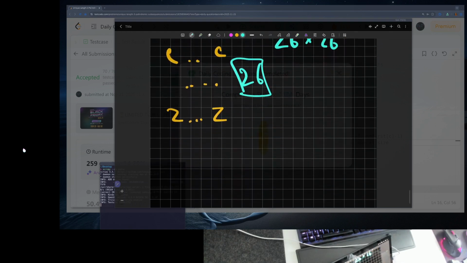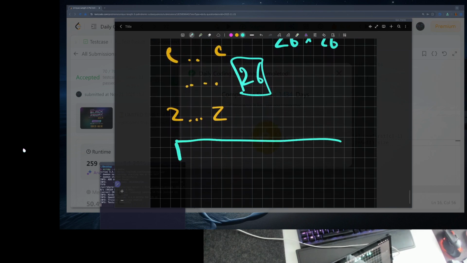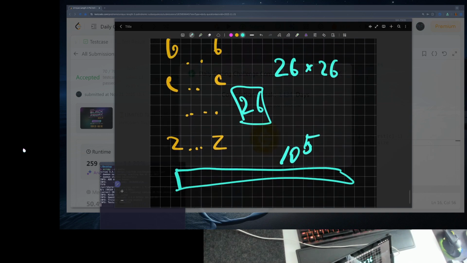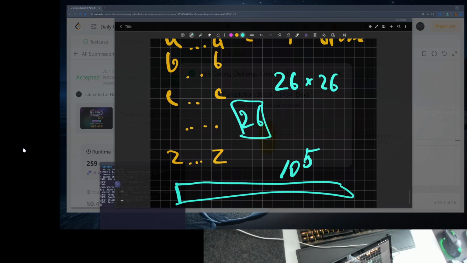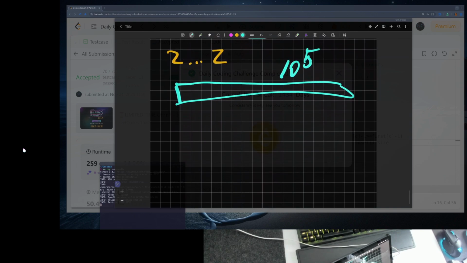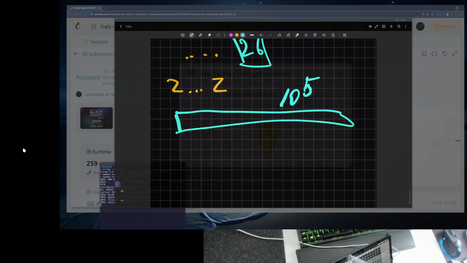And our full string length is 10 to the power of 5. That means if we just brute force all the possible palindromes to find it, we have a brute force solution of 10 to the power of 7, and it's kind of too big.